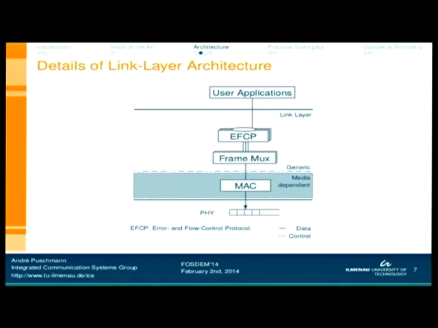And of course you need the frame multiplexer and demultiplexer. In the basic architecture you have a media dependent part, which is the medium access control, either CSMA based like 802.11 or TDMA based, accessing the physical layer, your USRP or whatever radio you want to use.